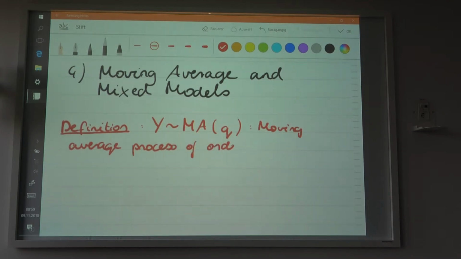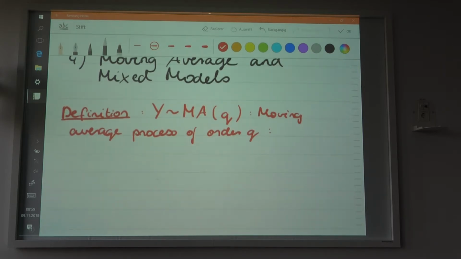And the moving average process of order q can be represented as follows. Here you have yt, which is the moving average process. Basically, you don't have an autoregressive model here. All you have is a constant plus a noise, plus some coefficients that you multiply by the lagged values of the noise.